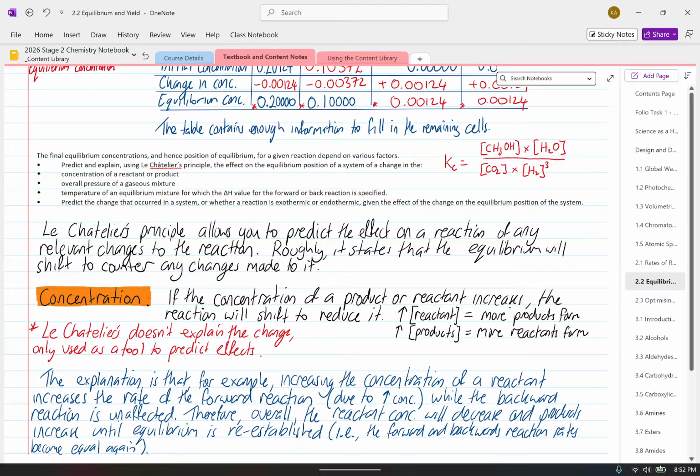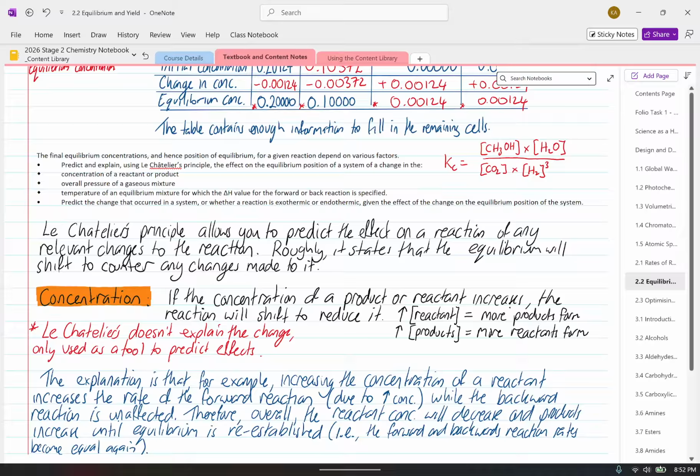So if we have a reaction happening and we mess with the concentration or the pressure or temperature or some other things, we will have some idea of at least predicting what's going to happen. Now, one thing that's really important is that Le Chatelier's principle is not the reason. So just like what I've said here, it doesn't explain why it's happening. It just allows us to predict what is going to happen.